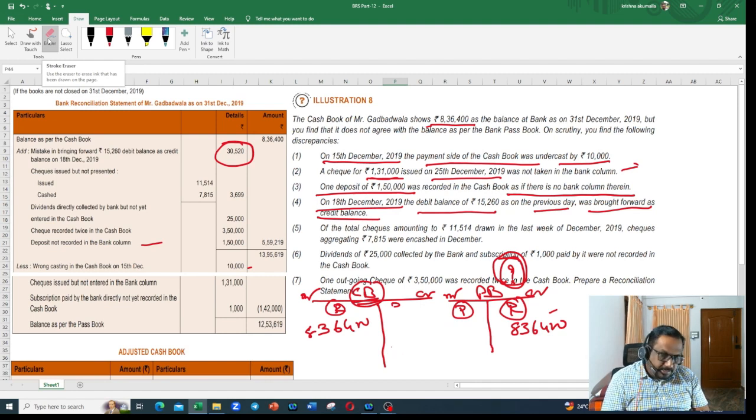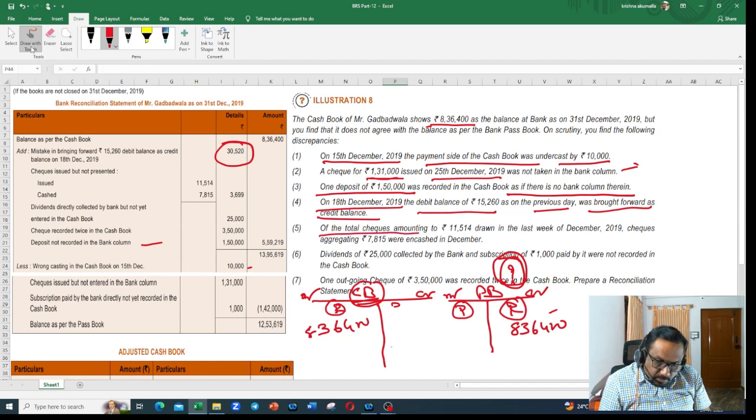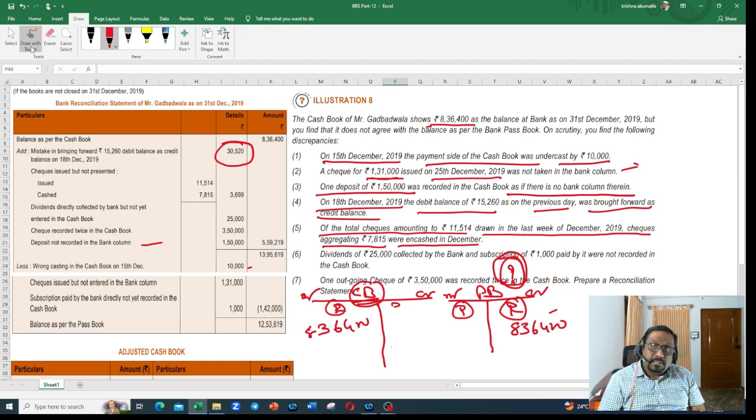Okay, right. Now, next one is: of the total checks amounting to 11,514 drawn in the last week of December, checks aggregating to 7,815 were encashed in December. So that means the remaining balance was not encashed. Correct? So you have issued the checks, but they are not presented.